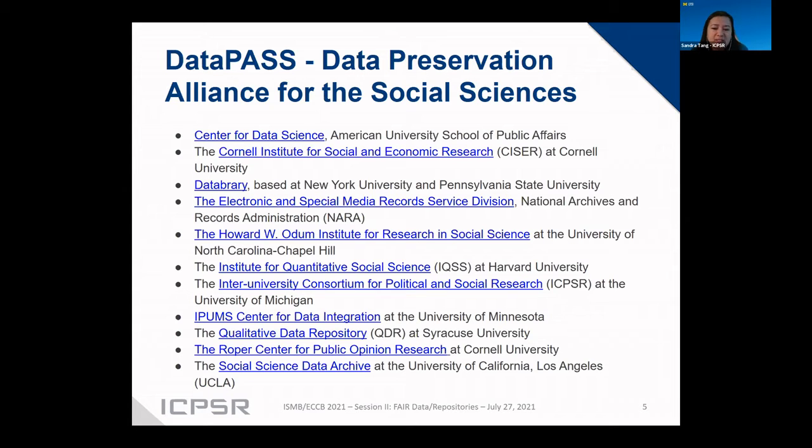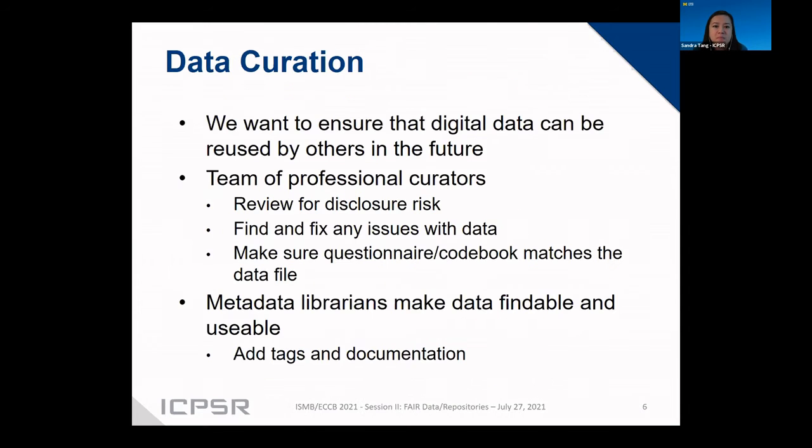And a key piece of being a DataPass member is that we came up with a succession plan. So we've made a promise to back up each other's archives and collections if one of us were to go out of business. And so this ensures that the data that is deposited with us won't just disappear, but will be around likely for a very long time.